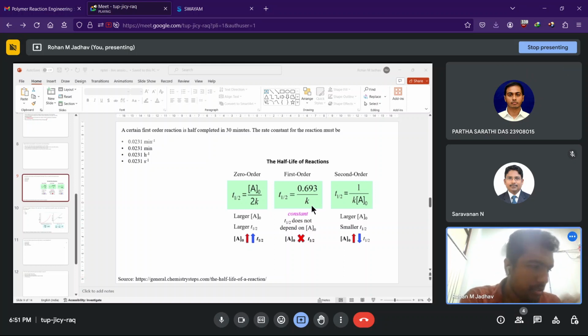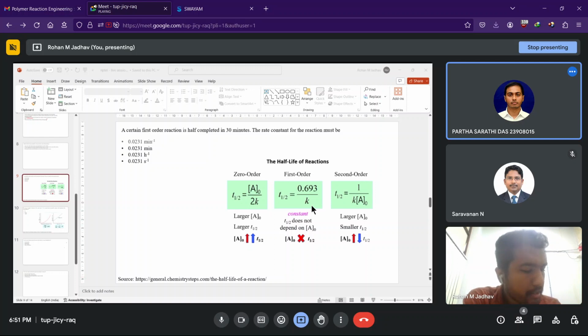Anyway, if you are going from the first principle, dC_A by dt is equal to k C_A power n. That is your expression, correct? Now you put n is equal to 1, and you have dC_A by dt is equal to k C_A. Now you bring C_A down and separate the variables: dC_A by C_A is equal to k multiplied by dt.